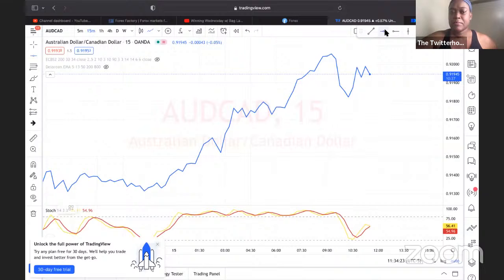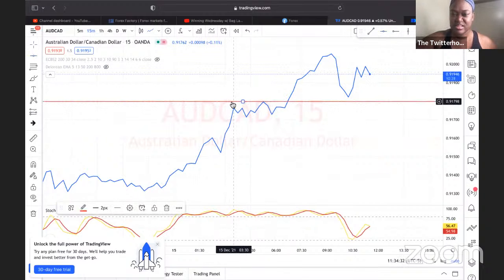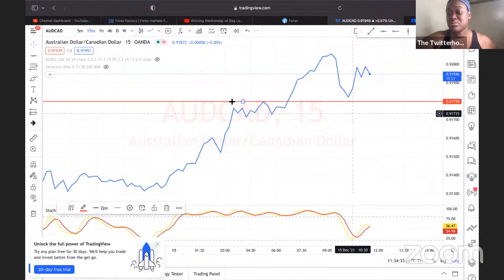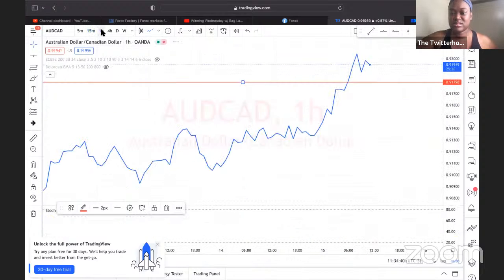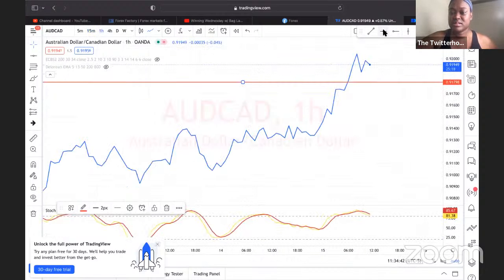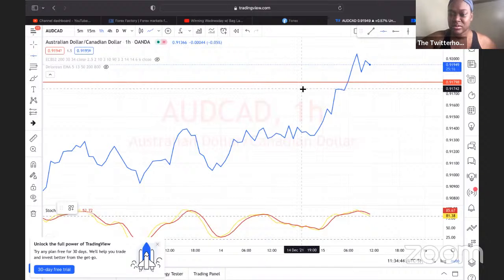Now, in an uptrend, I buy the roof. So here is one roof here, all the way down here. So I would actually want price to come all the way down here. Let me check it out on the hour. Yep. The lower down here.